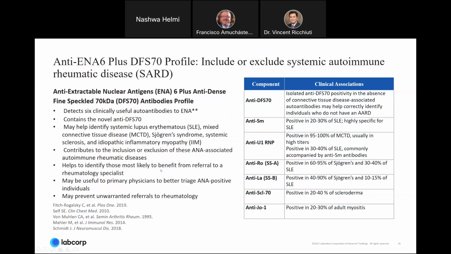So it really helps to identify those most likely to benefit from referral to a rheumatologist specialist, and may be useful to primary physicians to better triage ANA-positive individuals and prevent unwarranted referrals to rheumatologists.